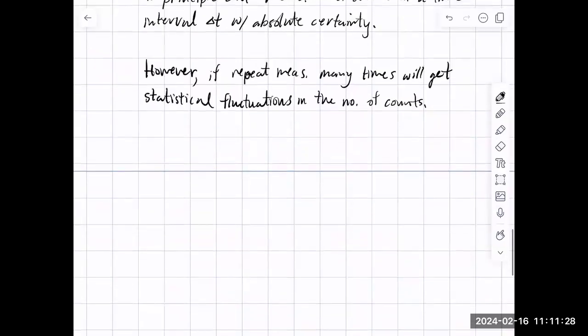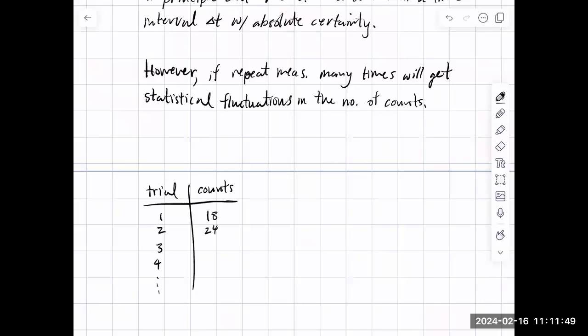Okay, so for example, we could make a table of the trial. Maybe this is the slide number. So we have all these different slides, and we count the number of particles at a certain height inside that little chamber of the suspension. And so we get, I don't know, 18, 24, 21, 19, whatever, something like that.